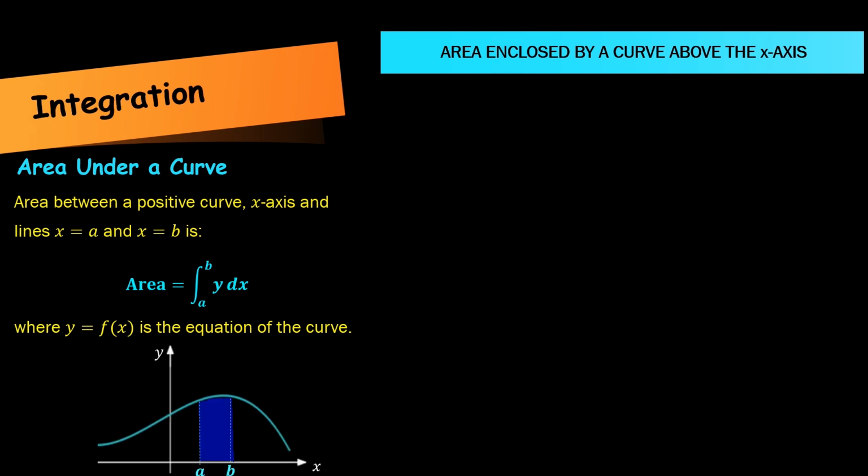So diagrammatically it will look something like this. We've got a positive curve, f of x, and we've got limits a and b, and we've got the shaded area in yellow beneath the curve. Let's take a look at an example.